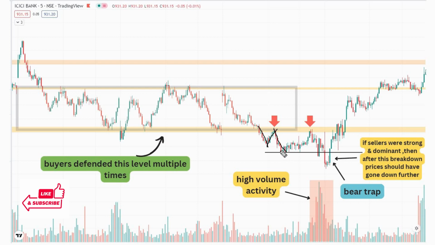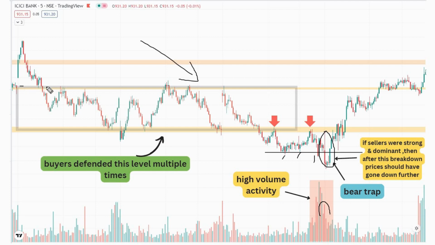Now again buyers push the prices towards the upside, again took resistance here, and eventually prices broke this important swing low which the buyers defended multiple times, broke it with an increase in volume. Now what is the expectation? We are in a downtrend, remember that.